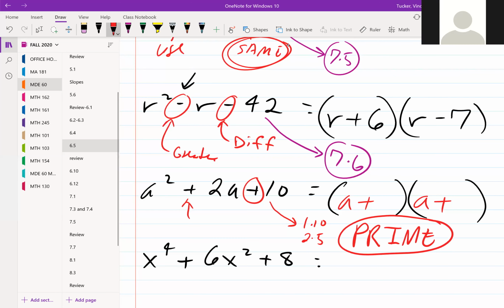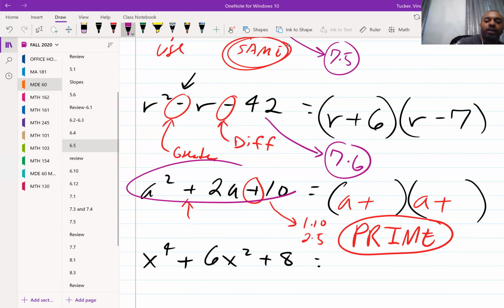So which set of numbers would we use? The 1 and the 10, or the 2 and the 5? Well, you can't. That's why we write prime. Oh, so there's actually no numbers that go in the parentheses? Right. Remember, your goal is to create this trinomial by distributing, doing your binomial distribution.